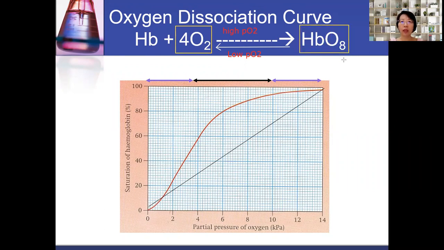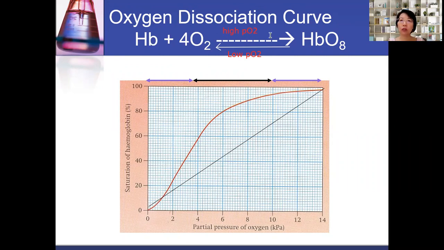So in this case, we are looking at loading and unloading of hemoglobin, because that is the main function of hemoglobin. Hemoglobin in our red blood cell functions mainly to load oxygen in the lung and unload oxygen in the tissue.